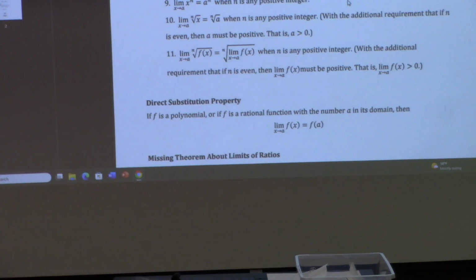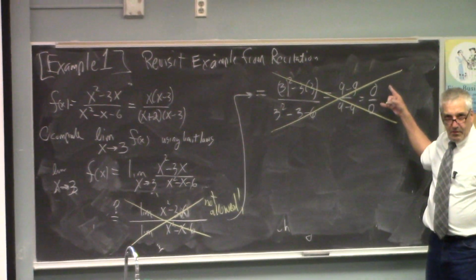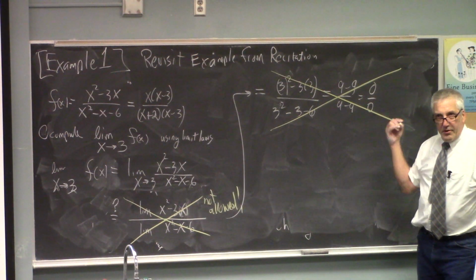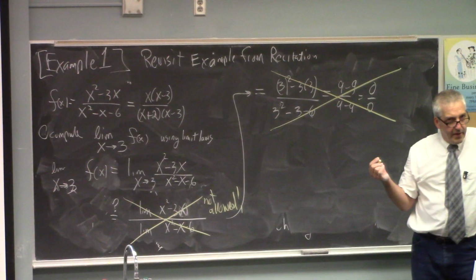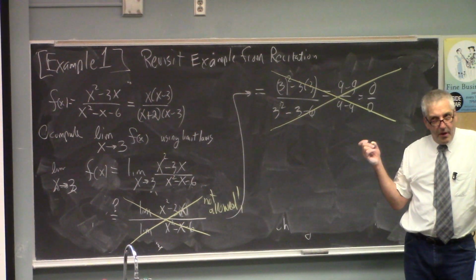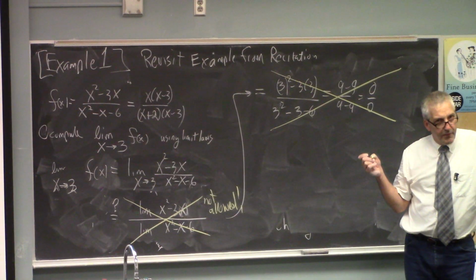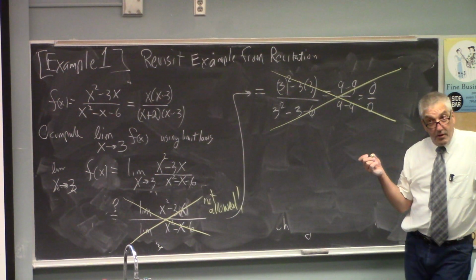Well, actually, this will be important. If you get to a limit where you end up with a 0 in the numerator and a 0 in the denominator, you don't get to say that the limit is undefined. What this tells you is you've got to do some other kind of work. So in other words, you can't tell yet what the limit's going to be. And that's what's called indeterminate.